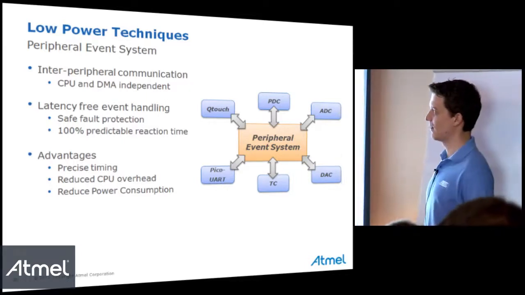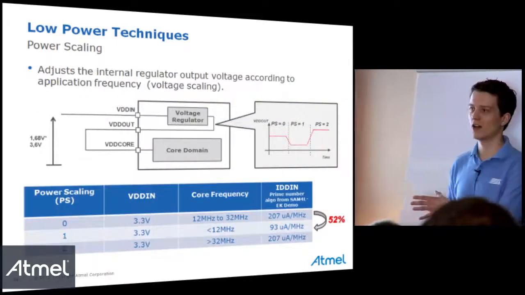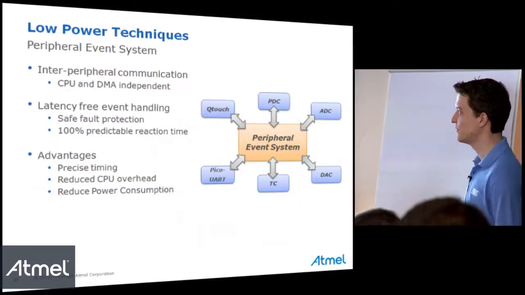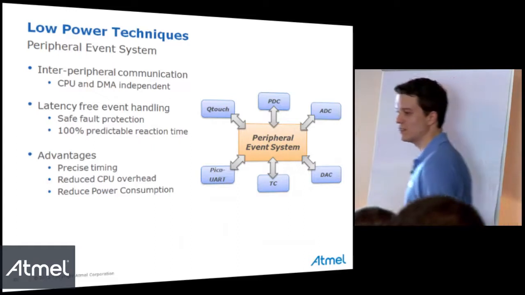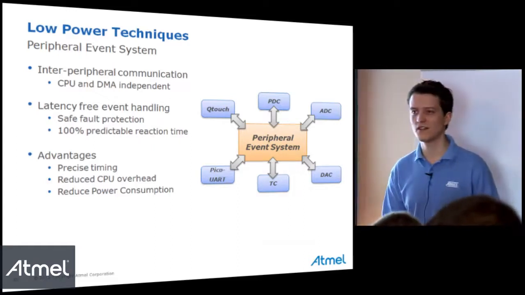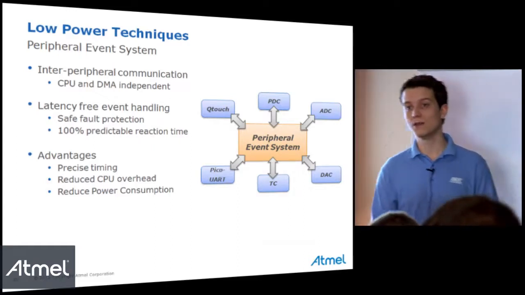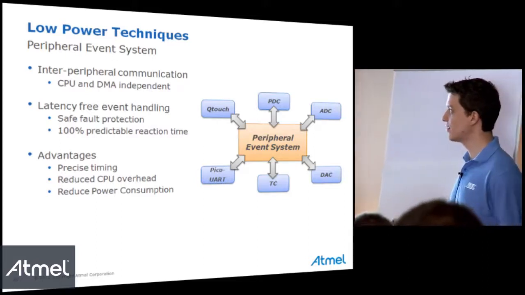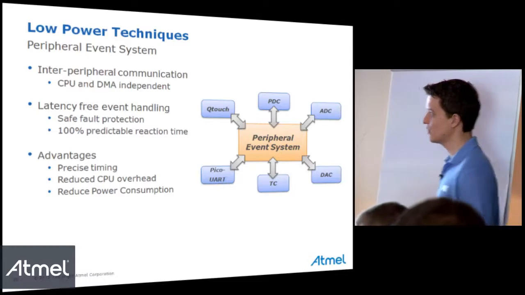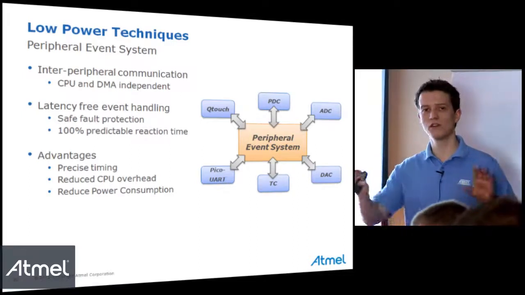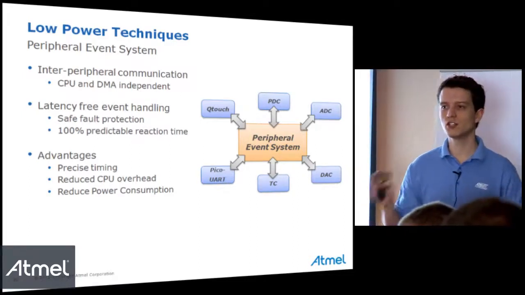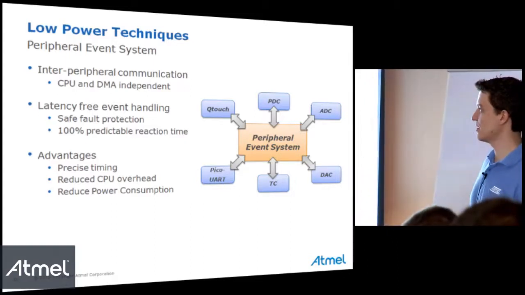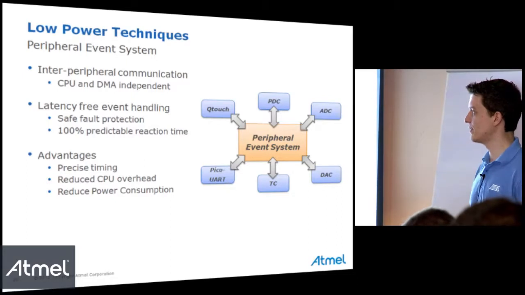So, as I said, this is a key feature of the SAM4L. A second one is what we call the peripheral event system. You are probably familiar with this system if you are using or are familiar with UC3. It's an inter-peripheral communication system that allows peripherals to send events to each other without the usage of CPU or DMA.